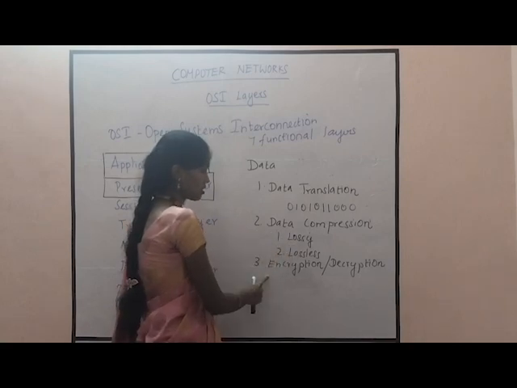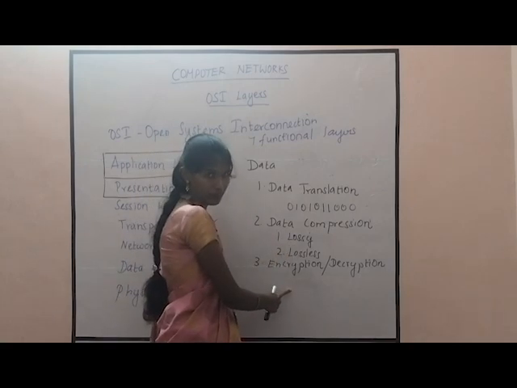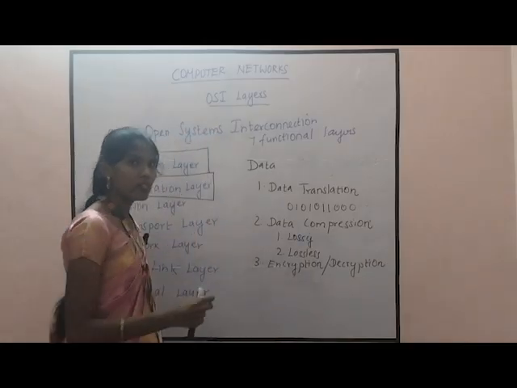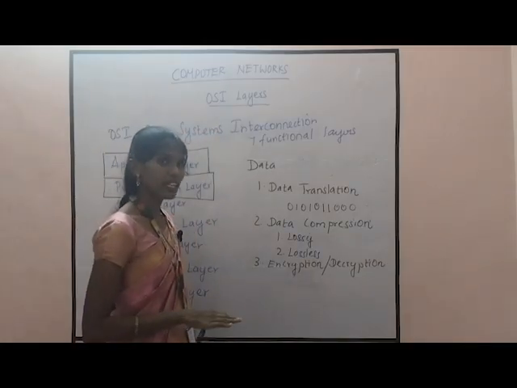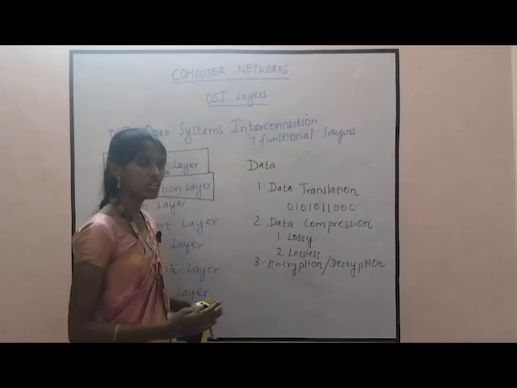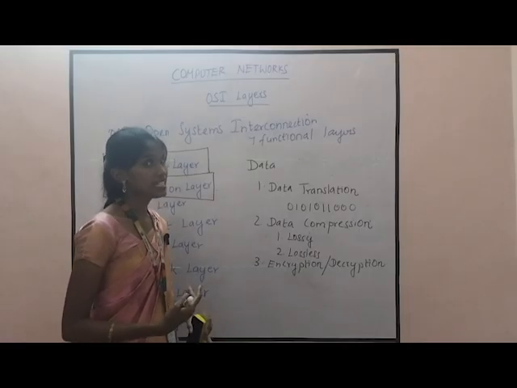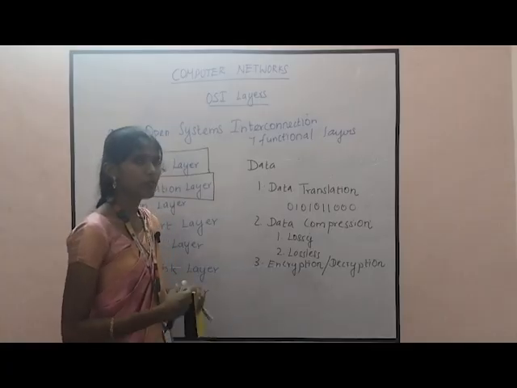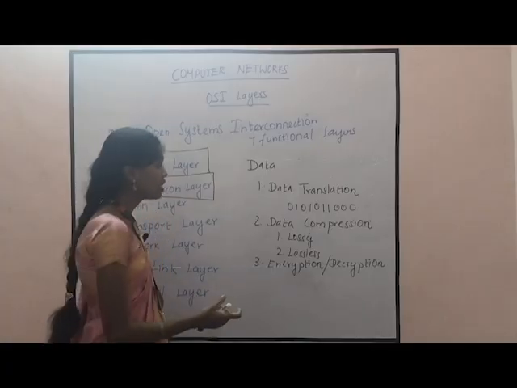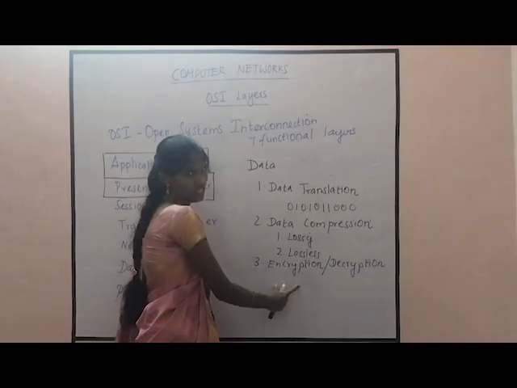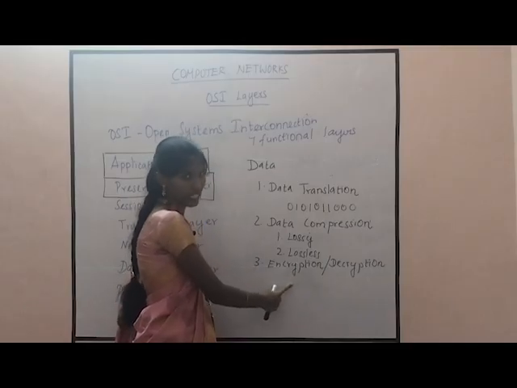Okay. Next, encryption or decryption. Encryption: whenever you send the data, that data must be covered, that is, it should not be available to anyone other than the sender and the receiver. To ensure that, we use many technologies, and those technologies are called encryption.